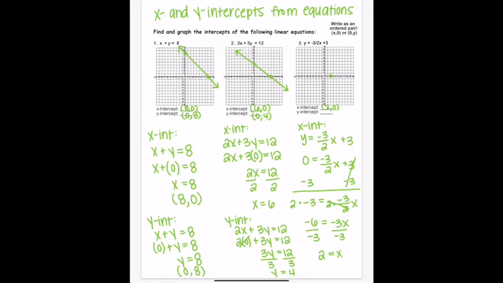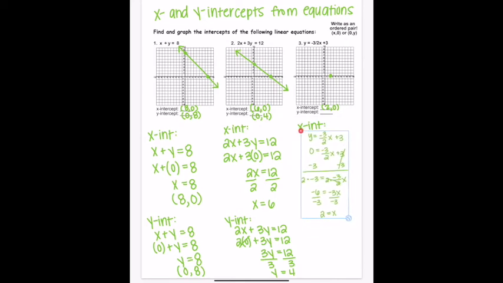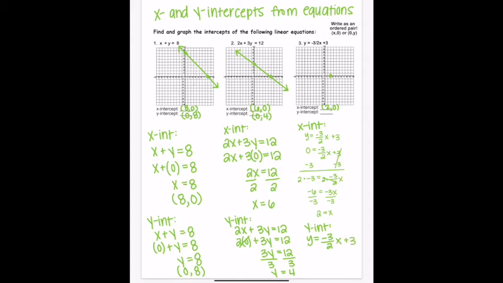Okay, now my y-intercept is actually a little bit easier. Because this is in slope-intercept form, we can actually just look at the b value to find the y-intercept. Okay, so since we had y equals -3 over 2x plus 3, the plus 3 is our b value, which is our y-intercept.